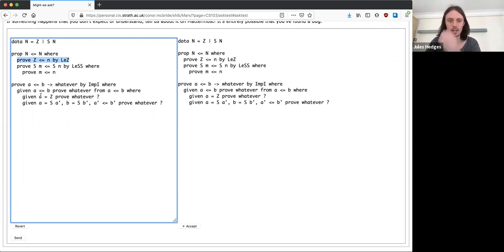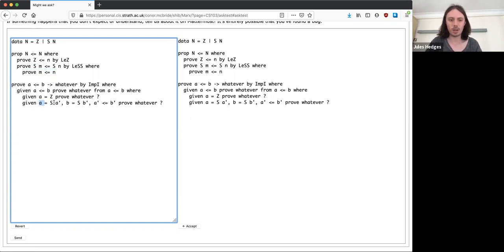In the second case, where we suppose that A less than or equal to B was proven using the LESS rule, then we know that the two variables both look like successors, and we also know that this subgoal must have been proven as well. So Ask will generate three givens for us.